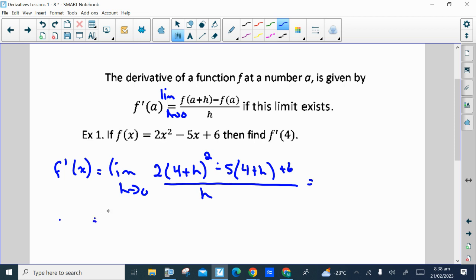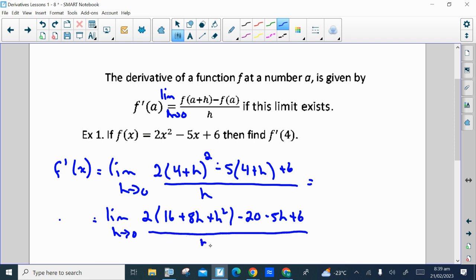So if we multiply out 4 plus h all squared, remember you're squaring the binomial, it's not just 16 plus h squared, that means 4 plus h times 4 plus h. So you could FOIL that out, or we've been using a shortcut for squaring a binomial, which is squaring the first term, multiplying the two terms together and doubling, squaring the last term, minus 20 minus 5h plus 6 all over h.